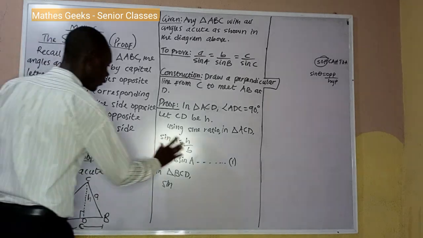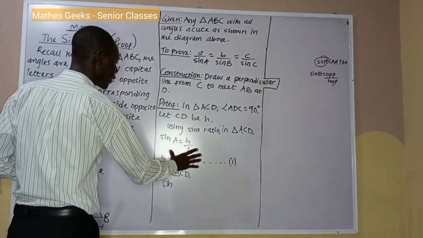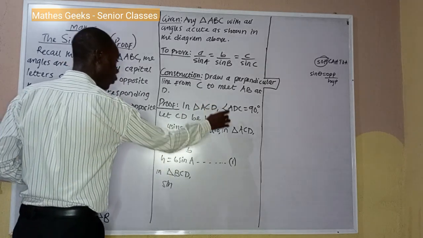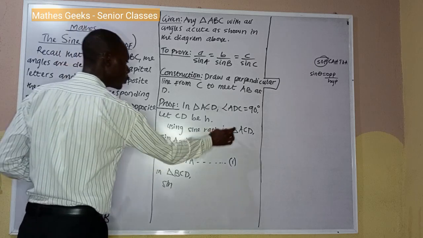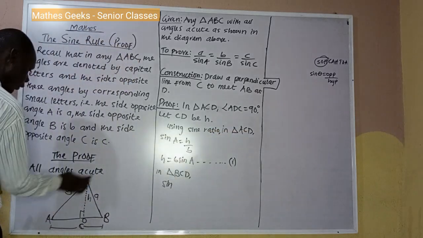We first got the sine ratio sine A equals h over b from triangle ACD.